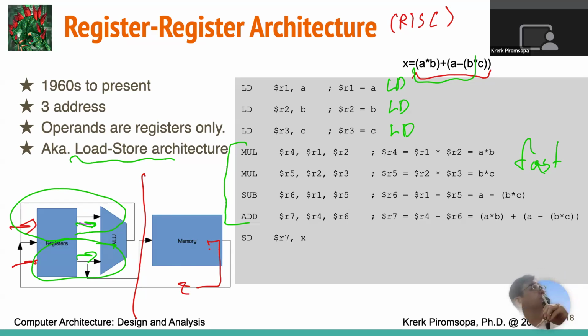Okay, so modern architecture is like this. So how many instructions again? 1, 2, 3, 4, 5, 6, 7, 8, 8 instructions. But we like it because it's fast.